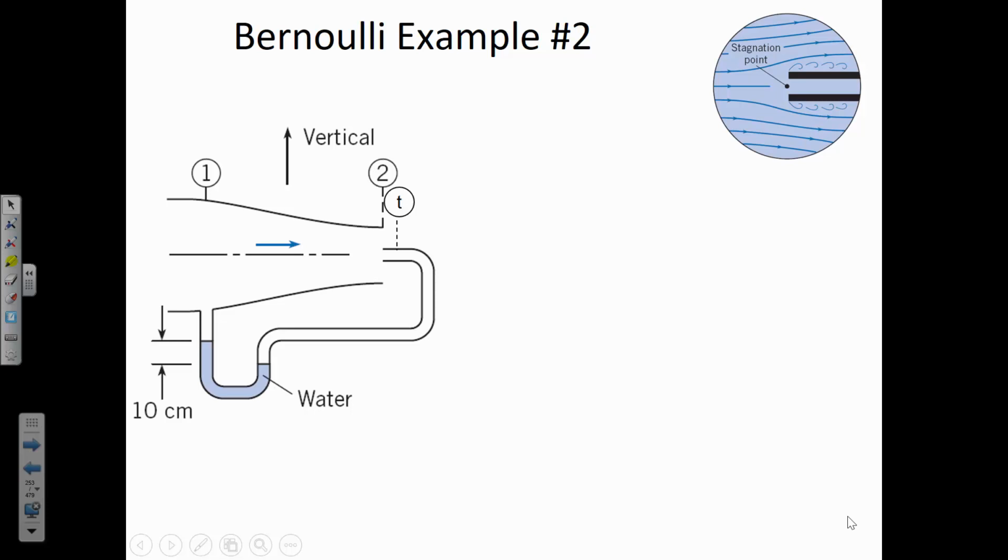Yeah, it's measuring the pressure difference between 1 and at this location T. It's higher at 1 than it is at 2, but remember, what happens between 2 and T?